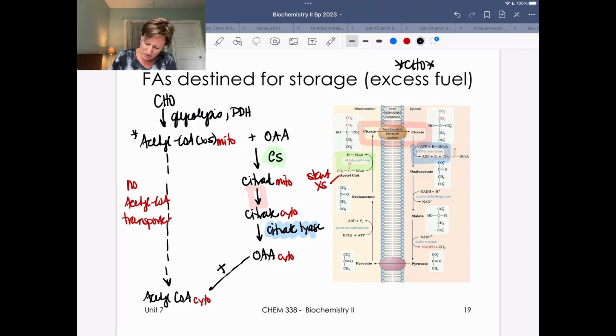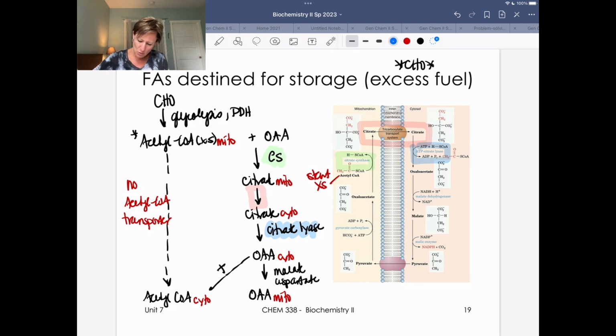Now, one of the things we're going to highlight is that the oxaloacetate is going to go back into the mitochondrion, and it's going to use the malate aspartate shuttle for that. If you don't remember what that is, that's the conversion of oxaloacetate into malate using NAD plus and NADH, with redox chemistry, and we ultimately get oxaloacetate back into the mitochondrion.